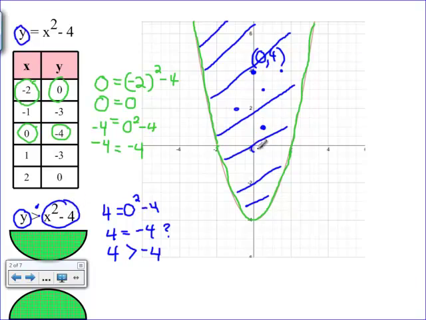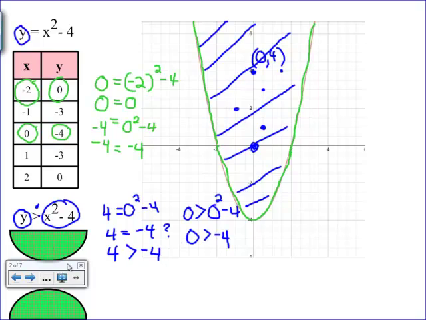Like here, even 0, 0. If I put 0, 0 in here, is the y value 0 greater than 0 squared minus 4? 0 greater than negative 4? Yes. So the blue area shows all my points that are greater than.